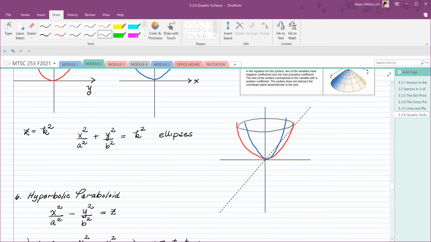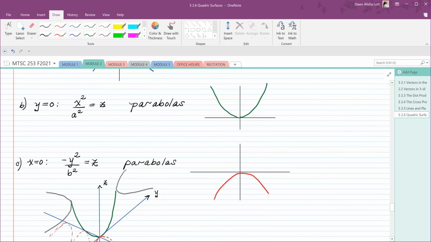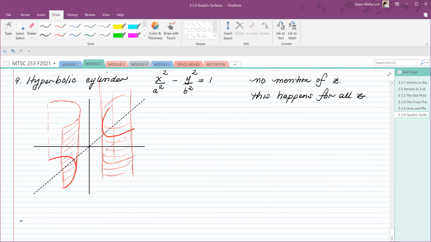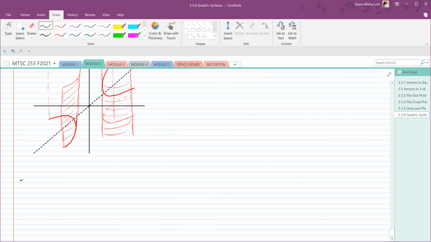Okay, so now I can go on to say, for example, x minus y squared minus 6z squared is equal to 0.